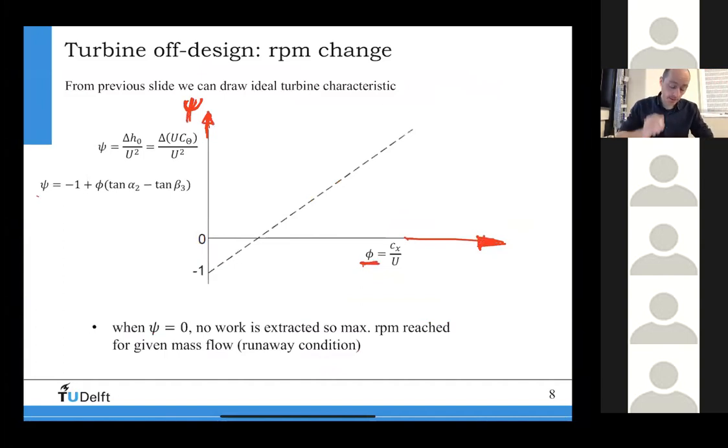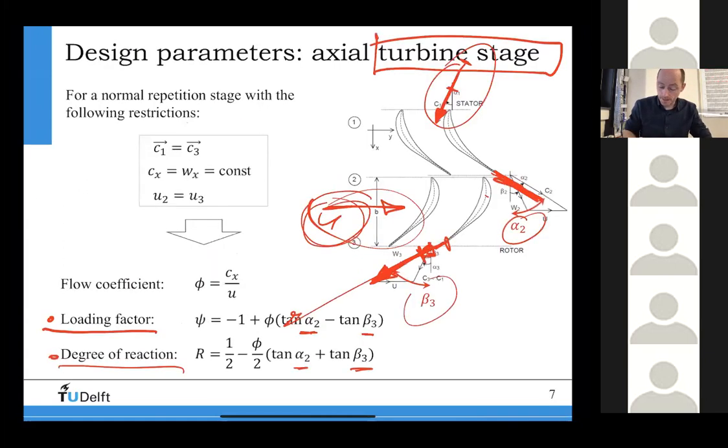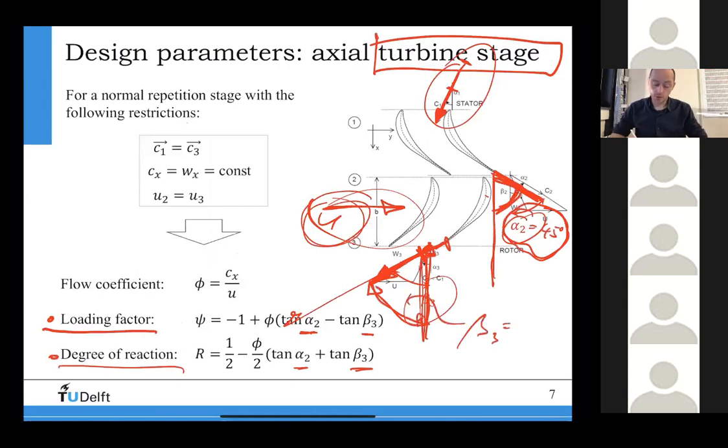And so if I have a turbine like I had before, let's go back again. Let's say this angle here, alpha 2, is 45 degrees, right? Alpha 2 is 45 degrees, specified here. And let's assume that my beta 3 in this case would also be 45, but keep in mind, minus 45 degrees, right?